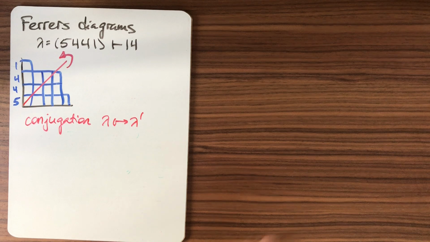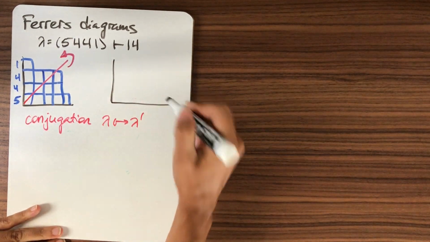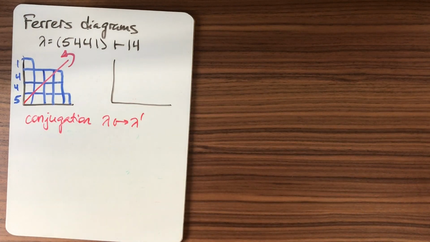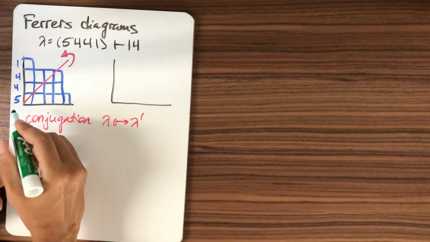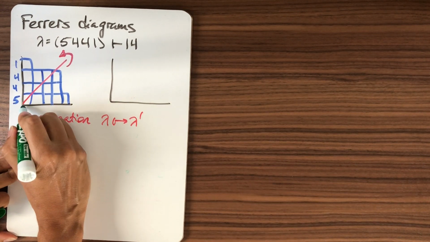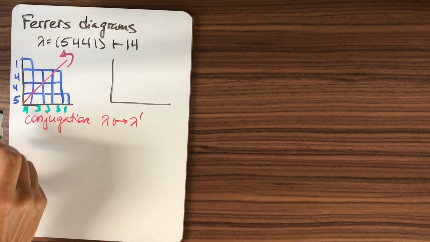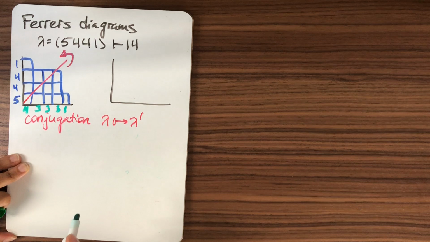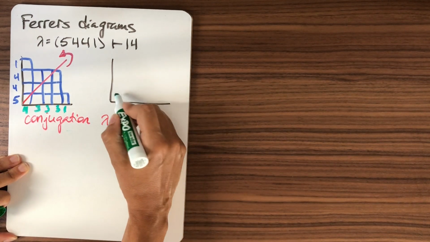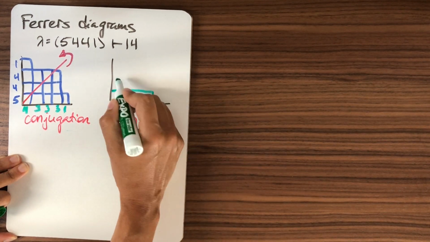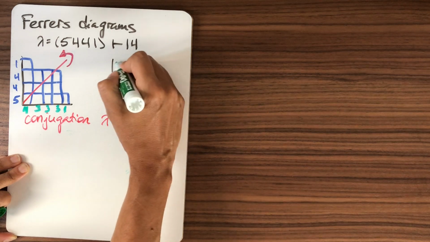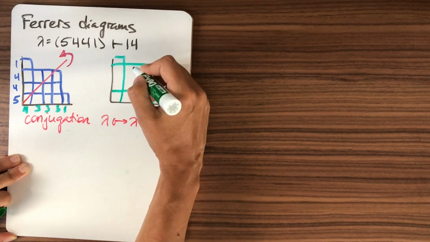That new partition I'll draw over here. Its row lengths are given by the heights of the cells for each column. So this is height 4, 3, 3, 3, 1. So when I conjugate the partition 5, 4, 4, 1, I get the partition 4, 3, 3, 3, 1.